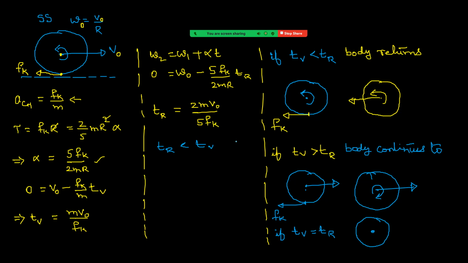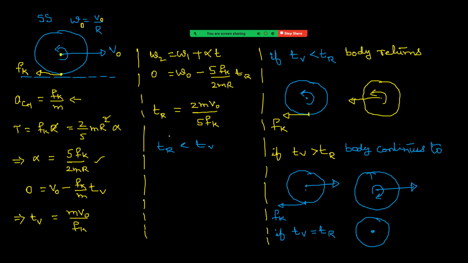So I hope you got clarity on this one. Whenever back spin or reverse spin is given, we can cross check at what time velocity becomes zero and at what time rotation becomes zero. By comparing those two, we can decide whether the body returns, continues in the same direction, or comes to rest permanently. So now this is the second case: first, rotation becomes zero.